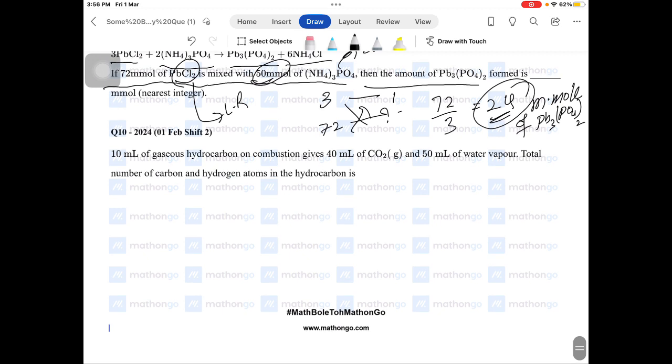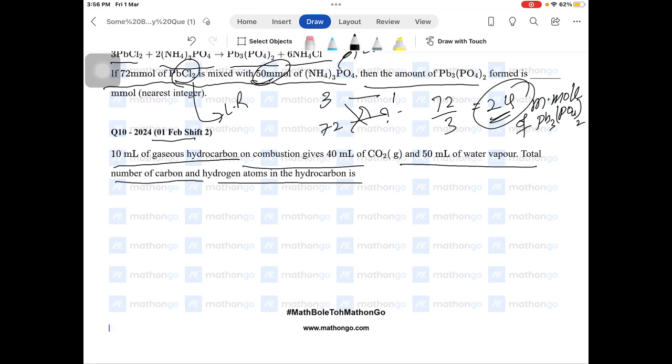Next question, last one in this chapter. 10 ml of a gaseous hydrocarbon on combustion gives 40 ml of carbon dioxide and 50 ml of water vapor. The total number of carbon and hydrogen atoms in the hydrocarbon is?